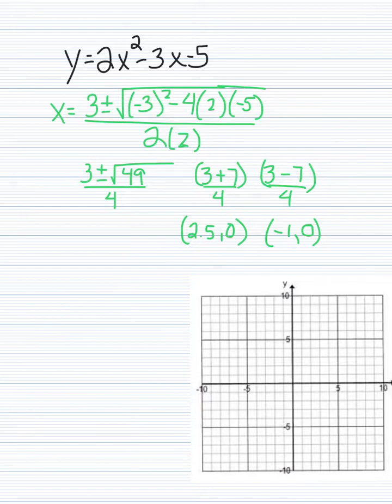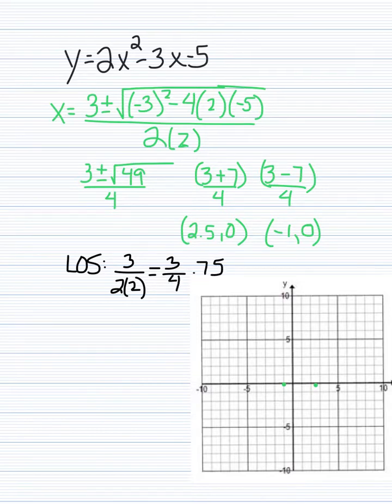Okay, so if nothing else, let's plot these on there. Here we go, 2.5. So here's 1, 2 and a half, and -1, 0. Okay, then line of symmetry. Negative b, that's 3 because b is a negative, so the opposite is 3 over 2a. 3 over 4, 0.75.